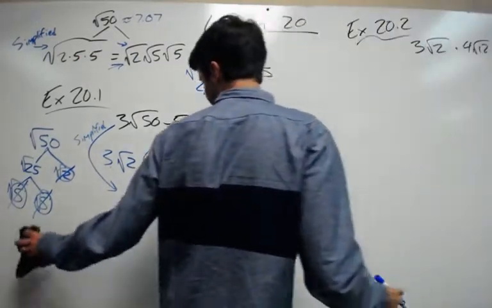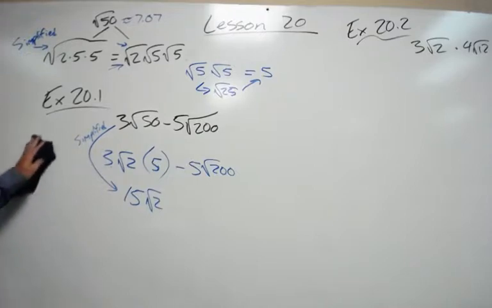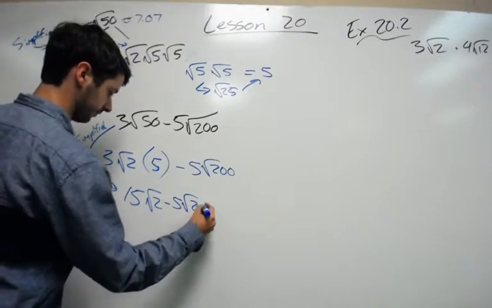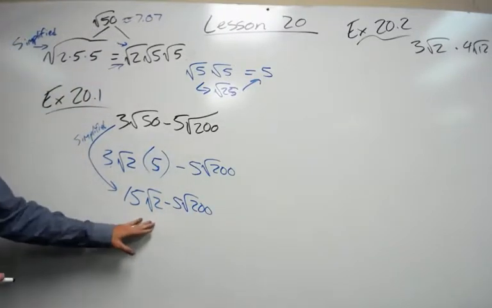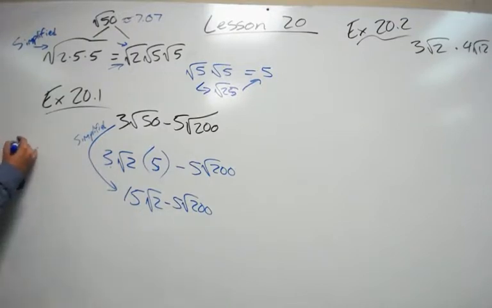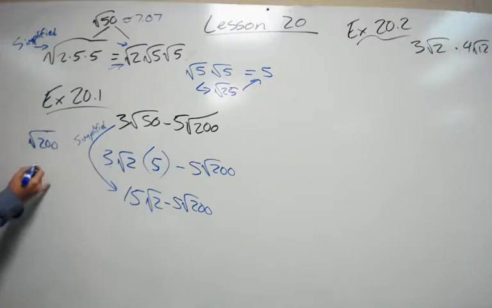Now we need to simplify negative 5 radical 200 to see if we can actually subtract it. So this is where we're at right now. Now let's look at the radical 200. What are factors of 200?